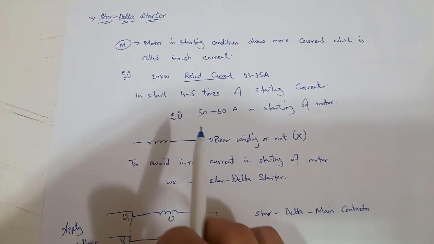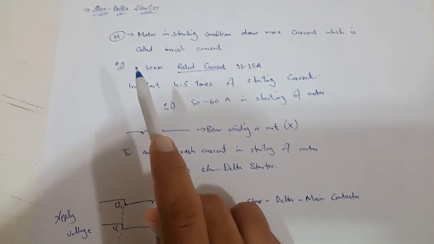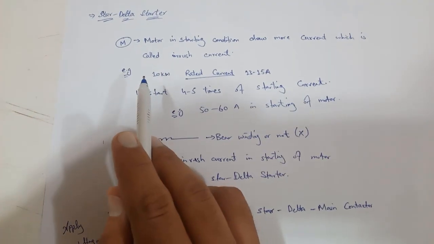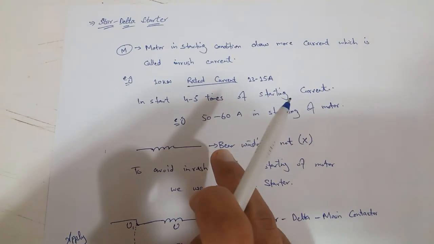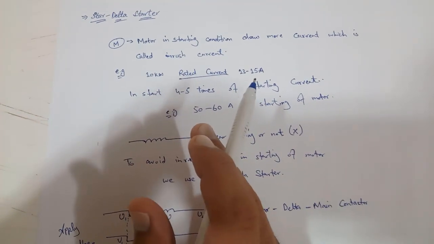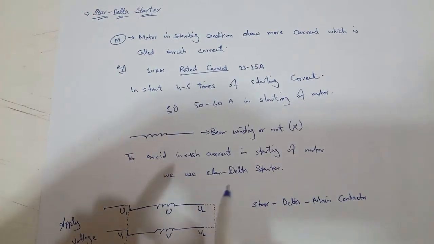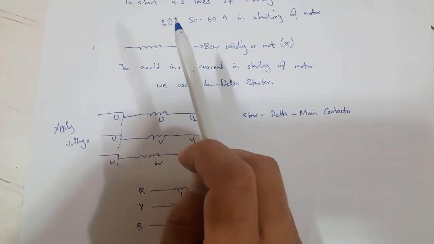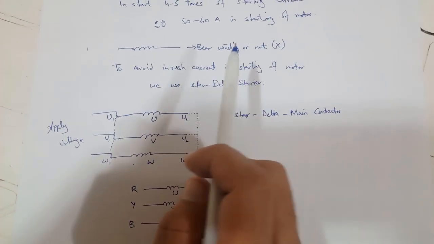So to avoid this inrush current, we need to use a star delta starter. We use it so that in starting, the motor draws less current. After some time, due to the timer, it automatically changes to delta, and then the motor continuously runs in delta condition. This is the winding of the motor.